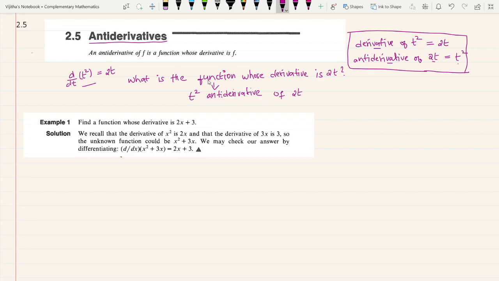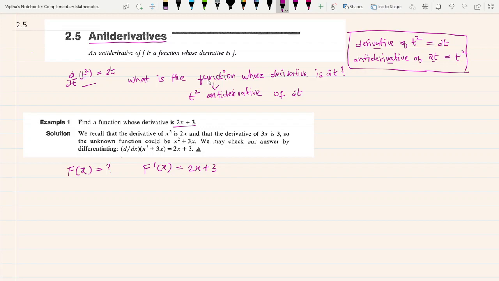Let us see an example here. Find a function whose derivative is 2x plus 3. So we have to find a function f, here a function of x. Our aim is to find f of x such that its derivative should be 2x plus 3.